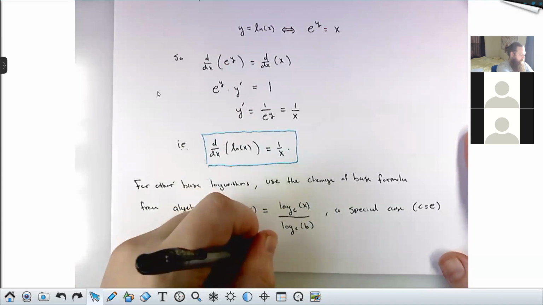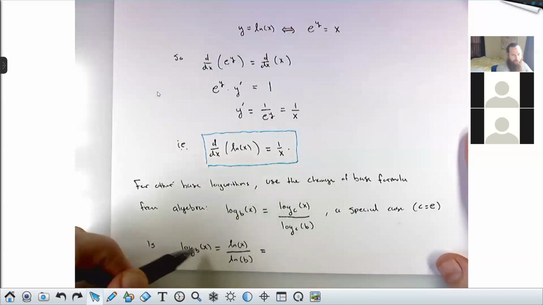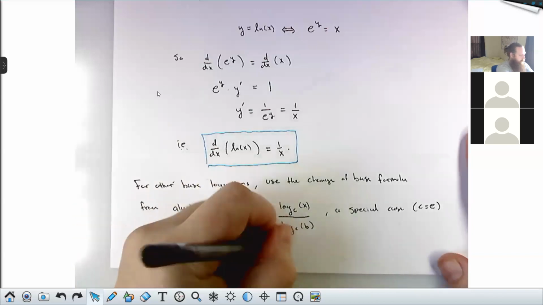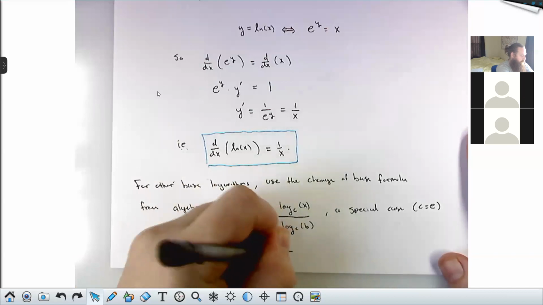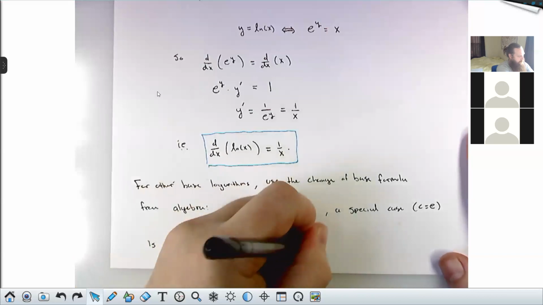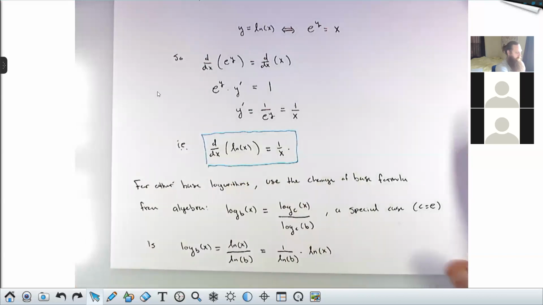What I'm going to do here is split this fraction up because the bottom is just a constant. If b is just a number, the base of the logarithm function you're starting with, then the ln of b is just a number. So I can write this as 1 over the ln of b times the ln of x. All right, that's just how fractions work, right? A over b is the same as 1 over b times a.